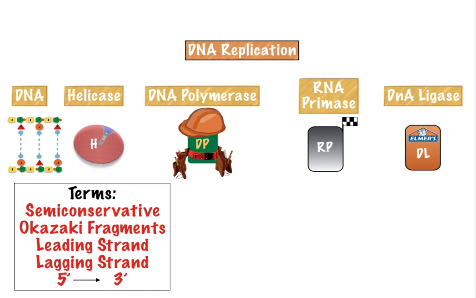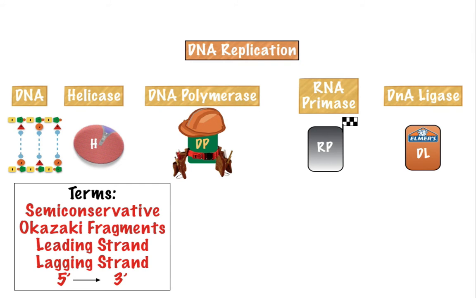Let's take a second to look at the different enzymes that are going to be playing a role. First of all, we have our DNA molecule. Next, we have the enzyme called helicase. You'll notice it has a zipper, because it's responsible for unzipping the DNA double helix. You have DNA polymerase.